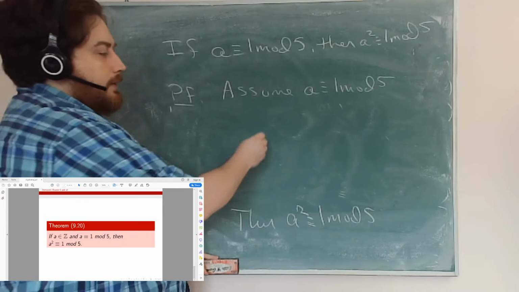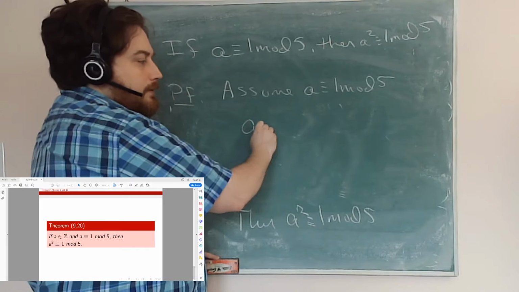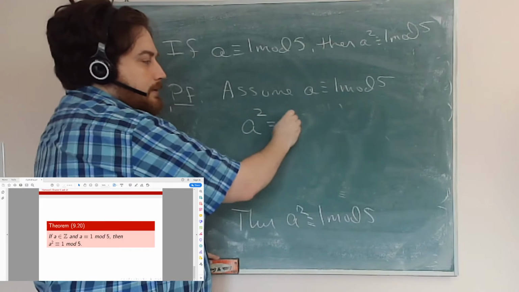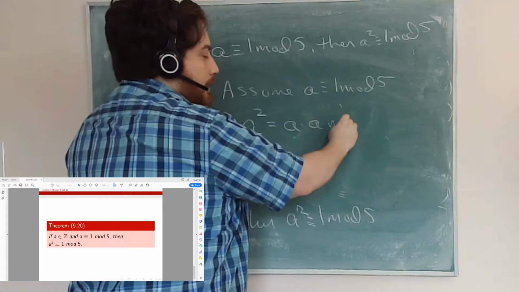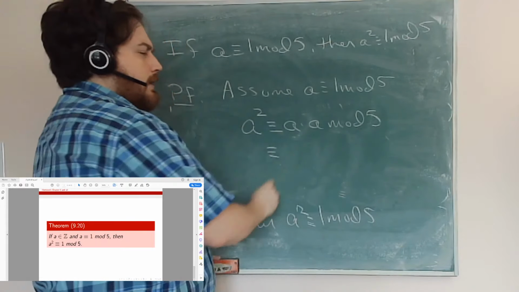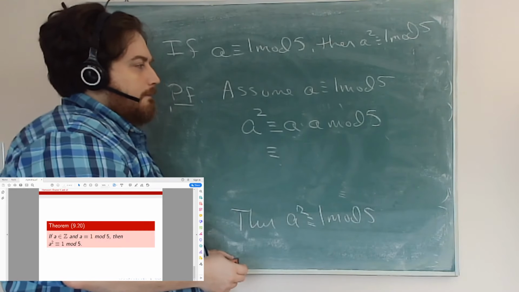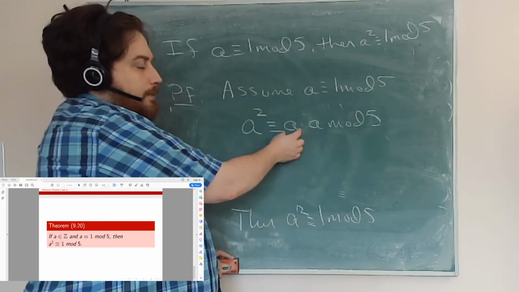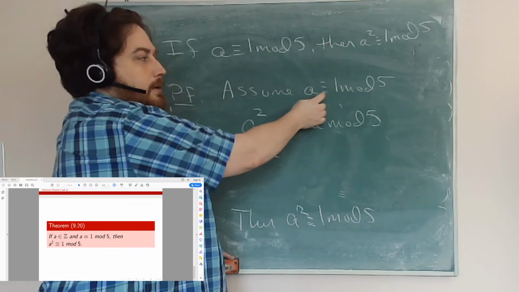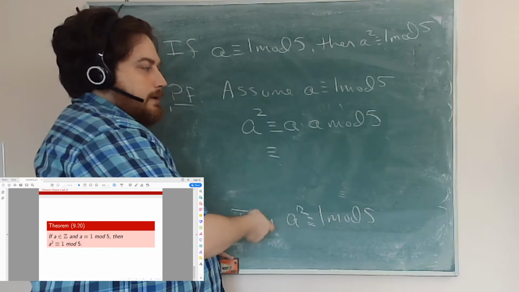How am I going to do that is, well, I know a is congruent to 1 mod 5. So a squared is equal to a times a mod 5, because a squared is just a times a. But what we know is that we can replace these numbers with things they're congruent to, because modular arithmetic respects the multiplication.